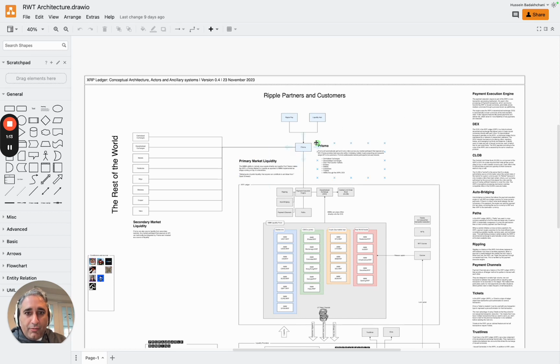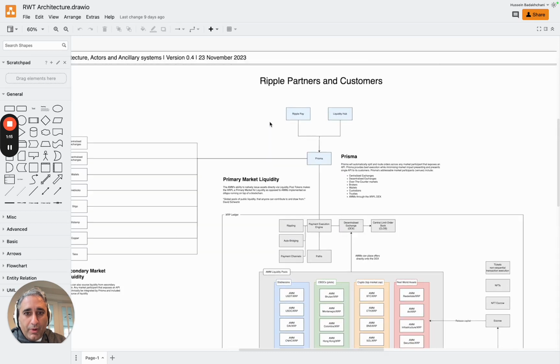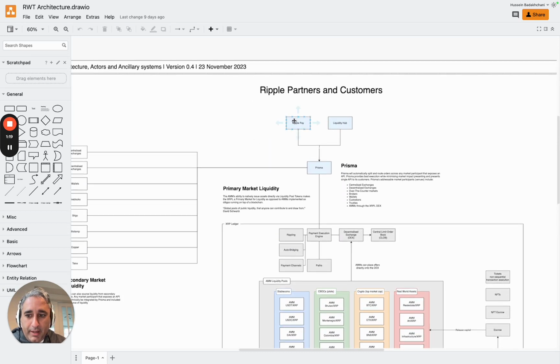So let's just start from the top here with the Ripple partners and customers. So Ripple Pay is ODL, on-demand liquidity, and Liquidity Hub. These two are Ripple pieces of enterprise software that Ripple sells to its customers.